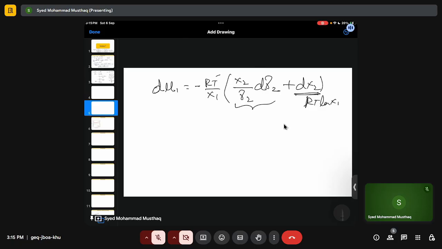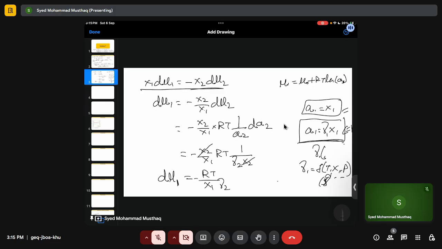Now we do not know how this one changes with this. So again we have to derive this part. We do not know how the activity coefficient of 2 will change with the chemical potential of 1. So for that what we do is simple. Again we take the Gibbs-Duhem equation, this one.